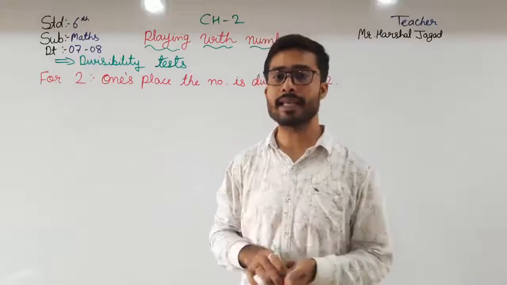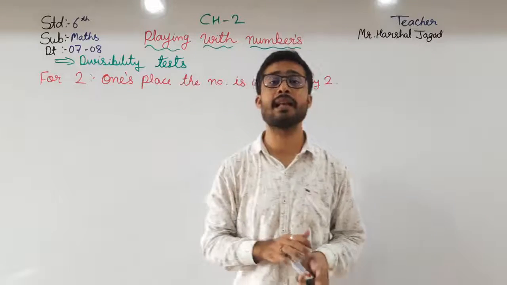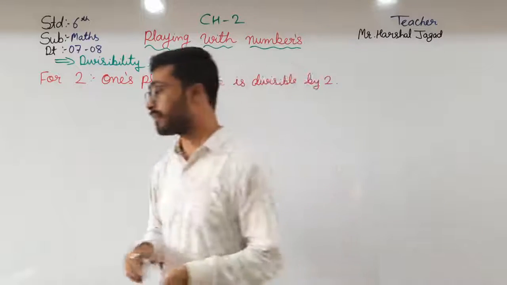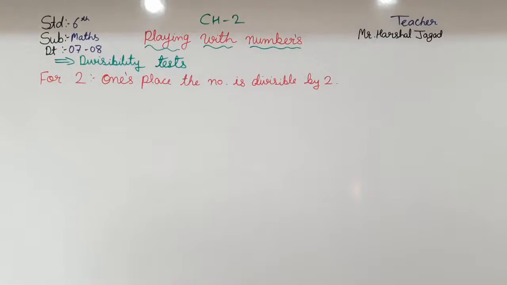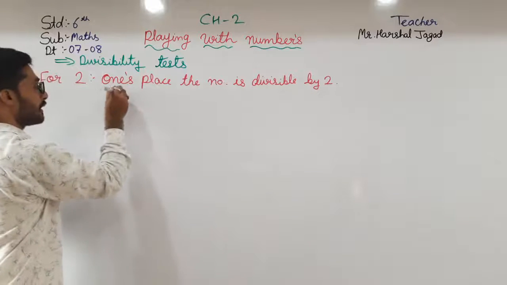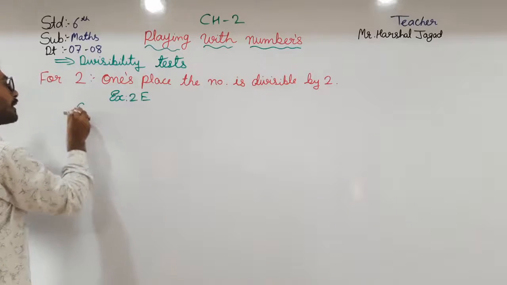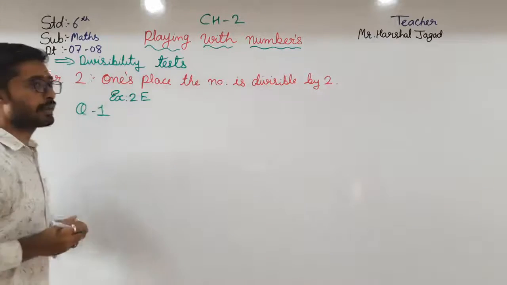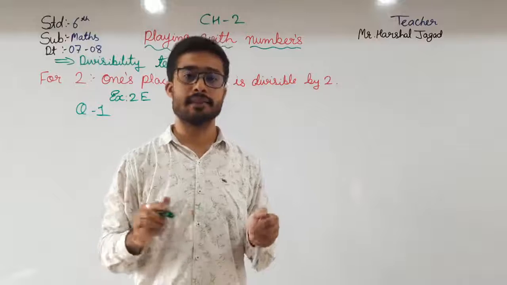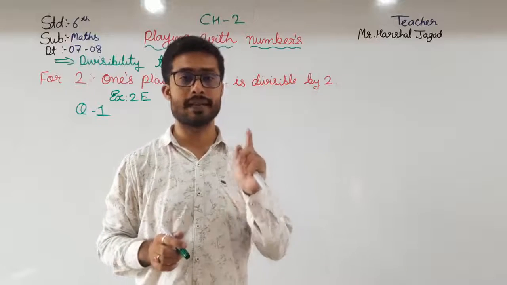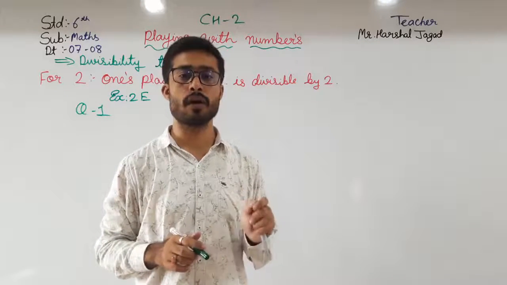Taking an example directly from the exercise, you can see Exercise 2e, question number 1. In that there are numbers given and we have to find out whether each number is divisible by 2 or not.